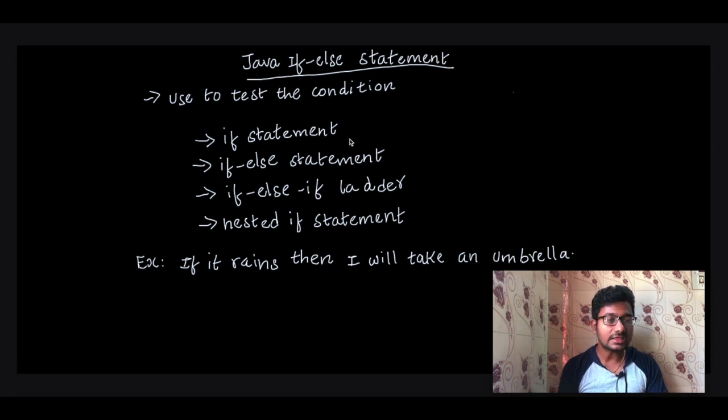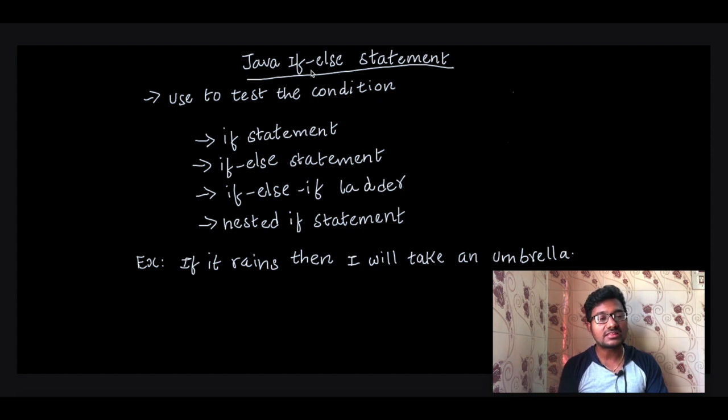Similarly in programming languages, if we do some work only based on some condition, then that would be considered an if-else statement. These are all conditional statements. Only if the condition is satisfied, we will do some work. If your condition isn't satisfied, we won't do that work.